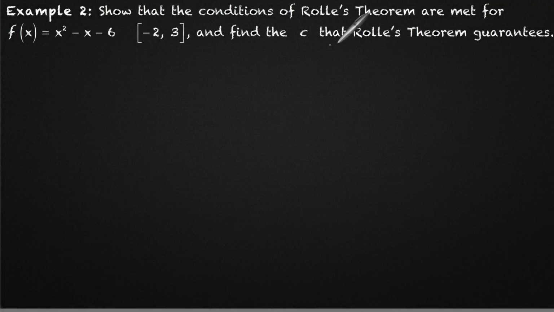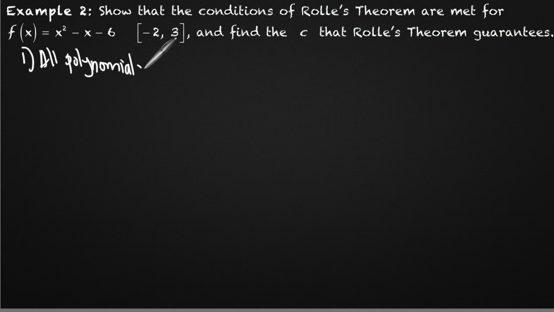Example 2, show that the conditions of Rolle's theorem are met for x squared minus x minus 6 between negative 2 and 3. All right, so first thing, once again, we have to prove, number 1, that this is a continuous function. So you can say all polynomials, by definition, are continuous. Think about it.